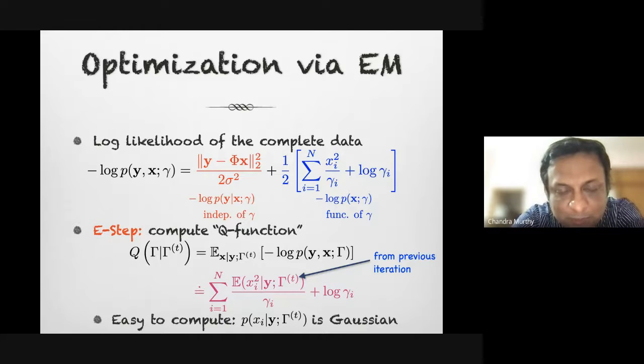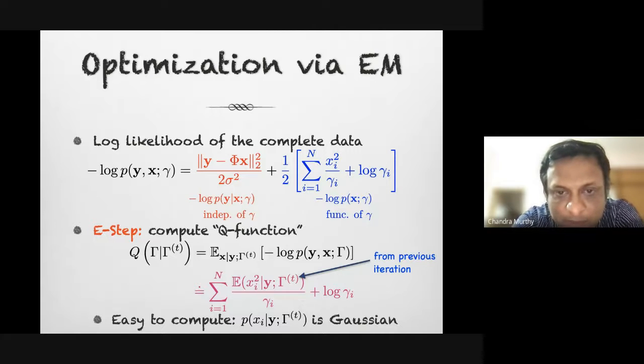But the EM algorithm consists of two steps, the E step and the M step. In the E step, we compute this Q function, which is the expectation over the distribution of X given Y parameterized by the previous iterate of gamma, which is written as gamma of t, of this negative log of the joint distribution P of Y, X parameterized by gamma.